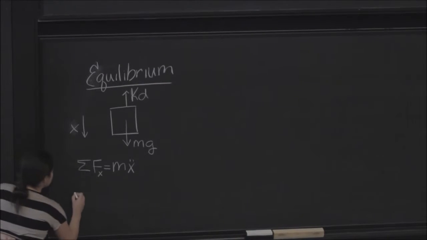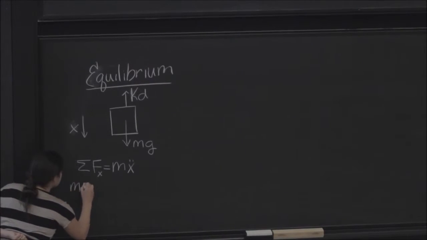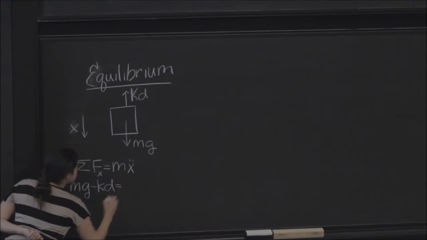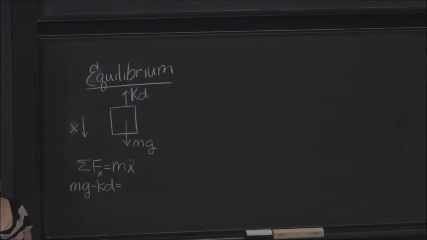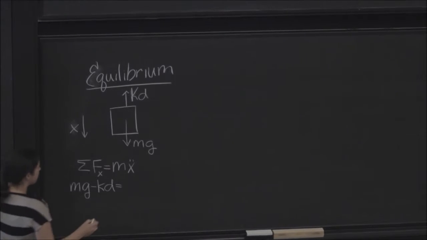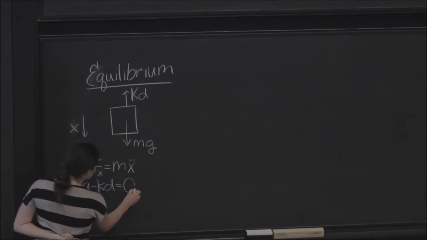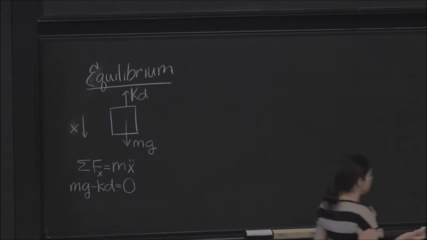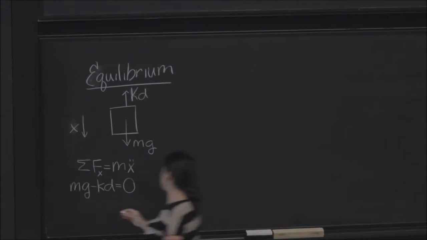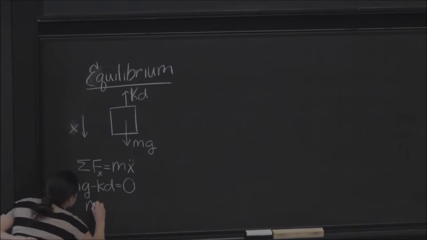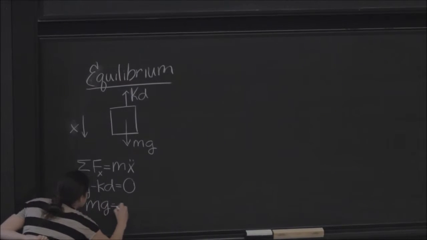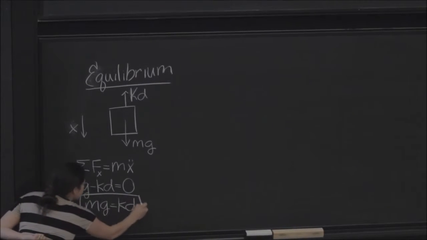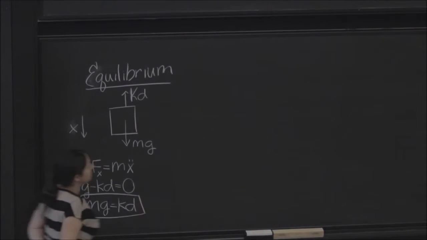So if I do those, I'm going to end up with mg minus kd equals, what is x double dot in equilibrium? 0, because it's another way of saying it's not accelerating. Okay, so it's equal to 0. Therefore, I can say that mg equals kd. This might come in handy a little later, so I'm going to box it.